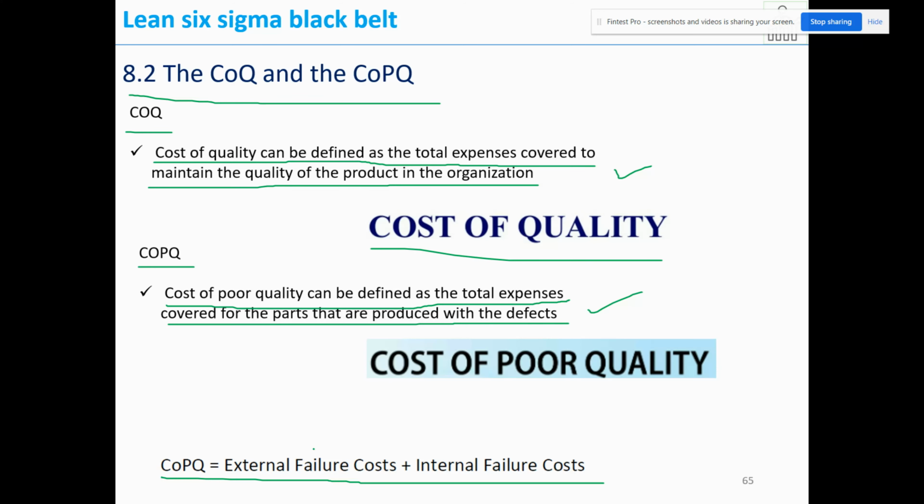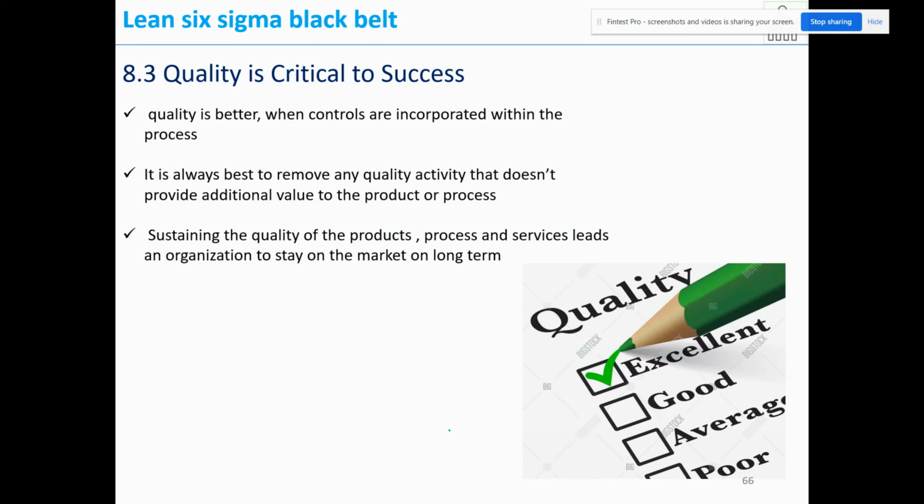So that cost will fall on the company. Second is internal failure cost. If any rejection happens internally for the products because of the quality issues, therefore the cost spent on that, the loss incurred, everything is going to come under the company only. So therefore COPQ is equal to external failure cost plus internal failure cost.